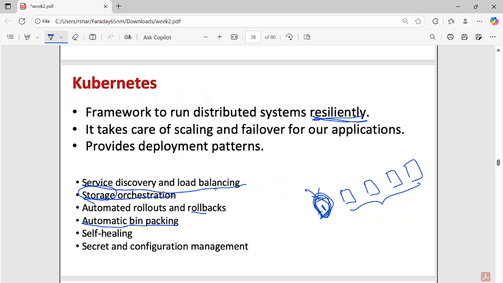The next is self-healing. Self-healing basically means that the Kubernetes setup is going to restart the container that could have failed. We can also replace the container, or we can kill the container based on certain criteria. These are called user-defined health checks.